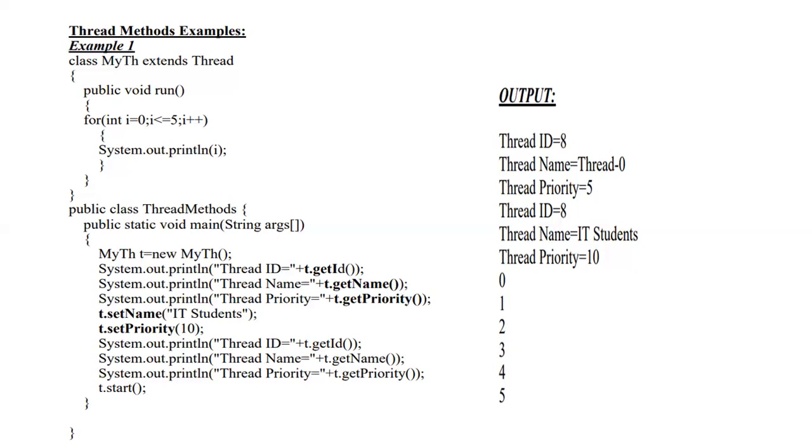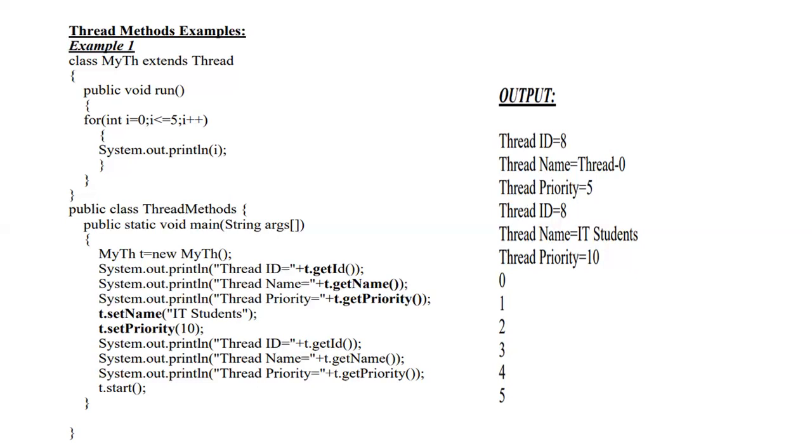For example, see the output: thread id is 8, thread name Thread-0, thread priority equal to 5. And t.setName is "IT student". We are setting the priority with setPriority, the value is 10, the maximum value.